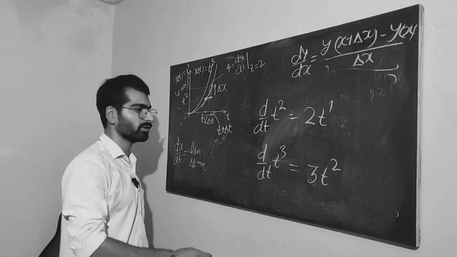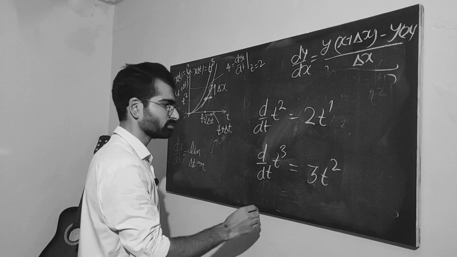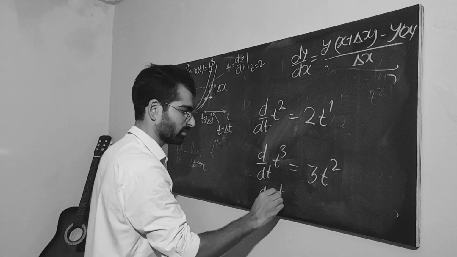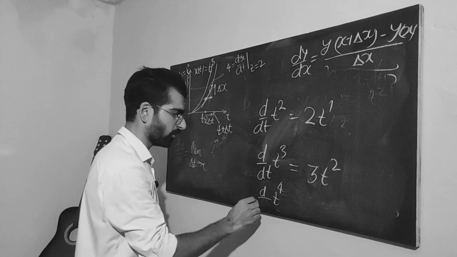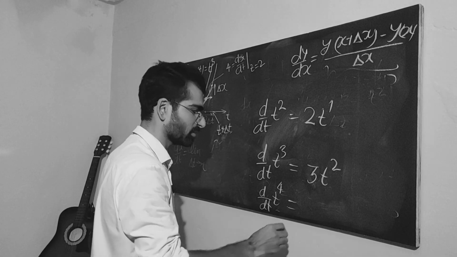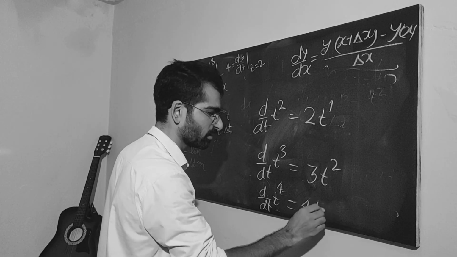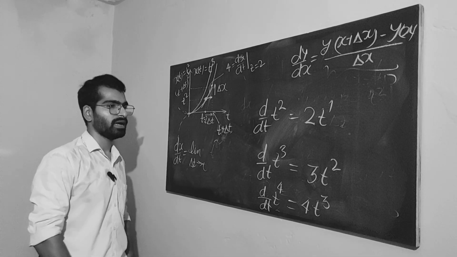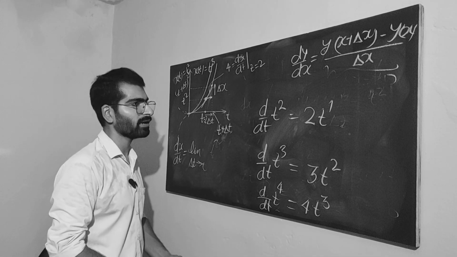And if you do it for t to the 4, its derivative will be 4 times t cubed. Right. And now I hope you can see the pattern.